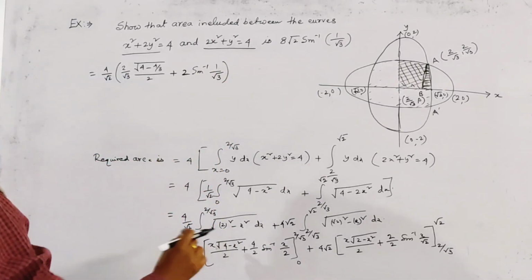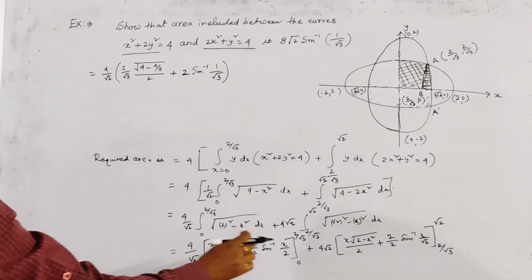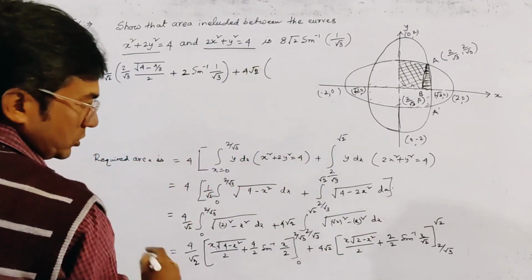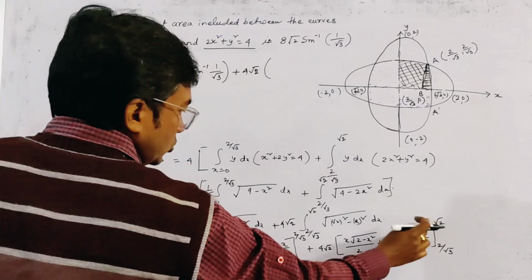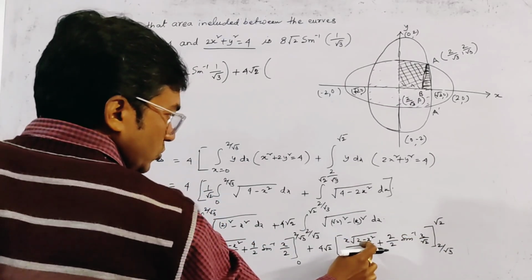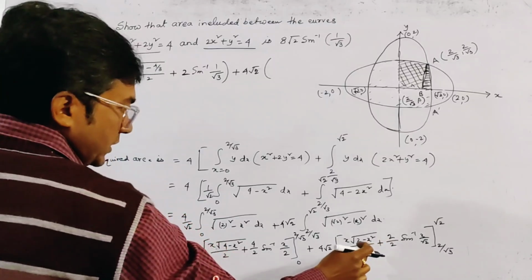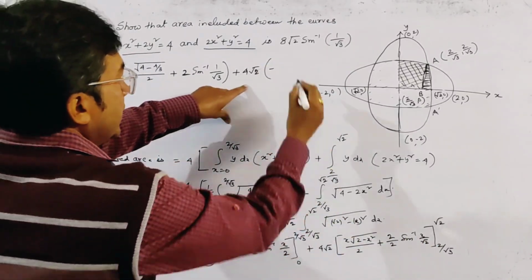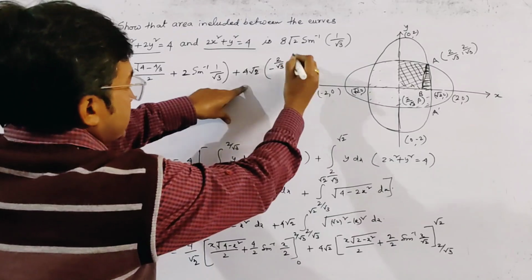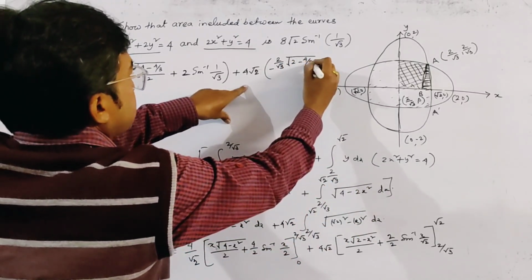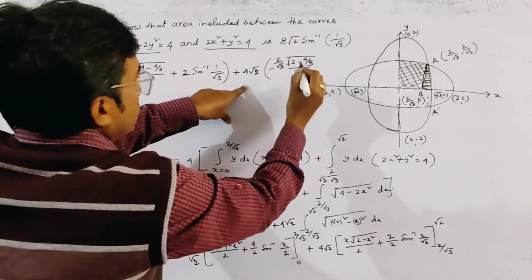For the first integration we get this result, and from the second term we get 4 root 2 into, here we put root 2, then we get 0, okay, because 2 minus root 2, and for the lower range we get the result, this is minus 2 by root 3 into root under 2 minus 4 by 3 by 2.